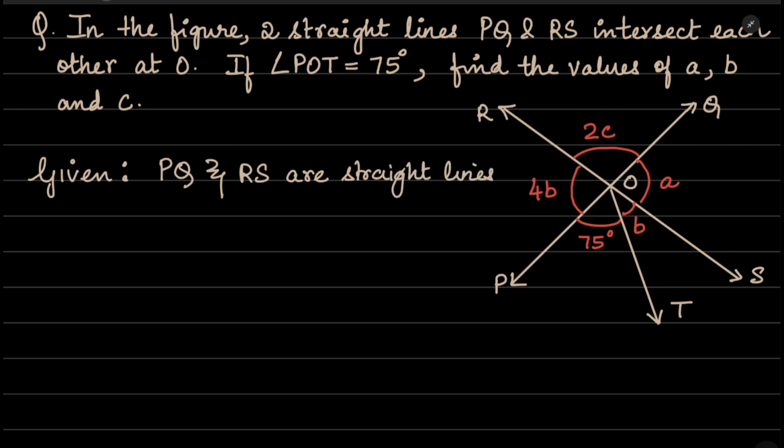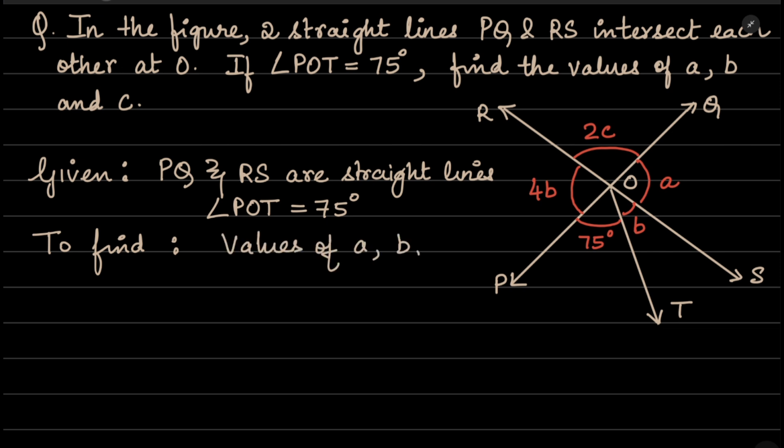Just write whatever is given. And angle POT is nothing but 75 degree. What you have to find? You have to find the values of A, B and C.